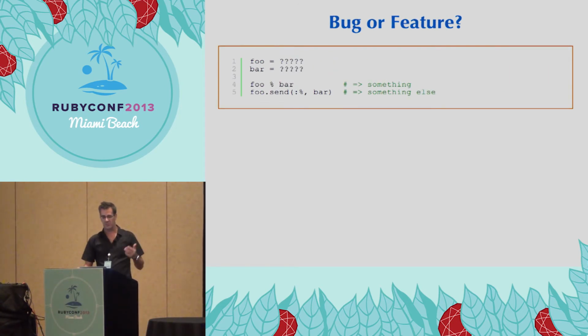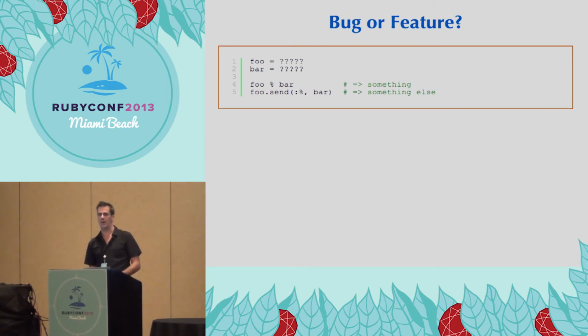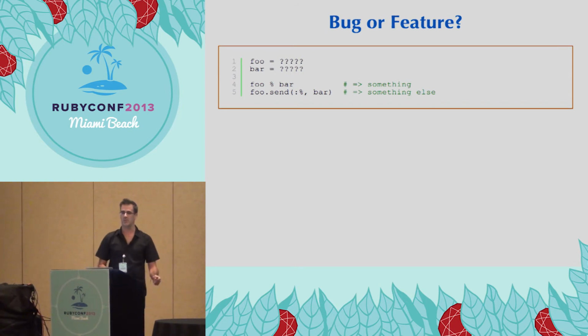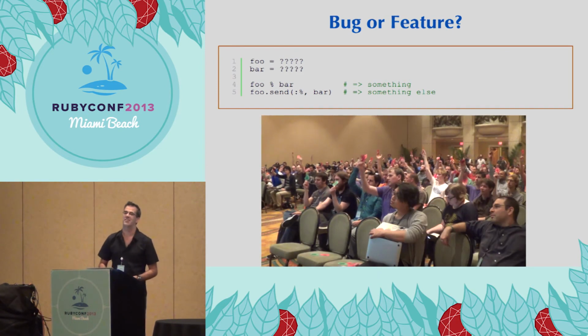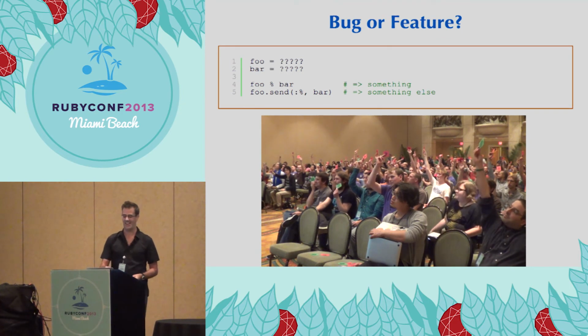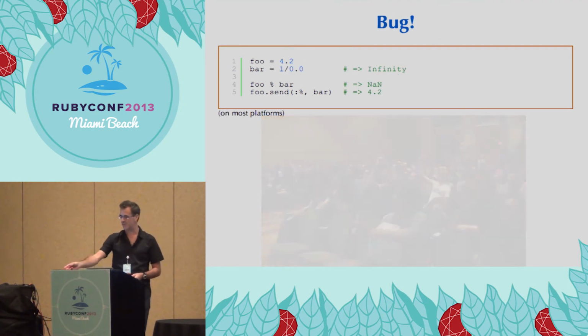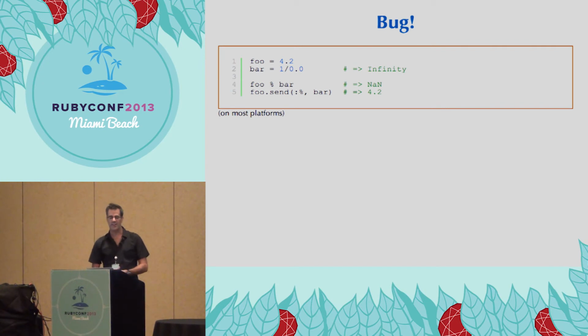Foo and bar are two very simple objects, and I ask the modulo of foo and bar, or I send the modulo symbol with bar as an argument, and I get different results. Is that a bug, or is that a feature? Oh, yeah, cool. I'm very happy that most people found it. It's a bug. It really should give you the same result.